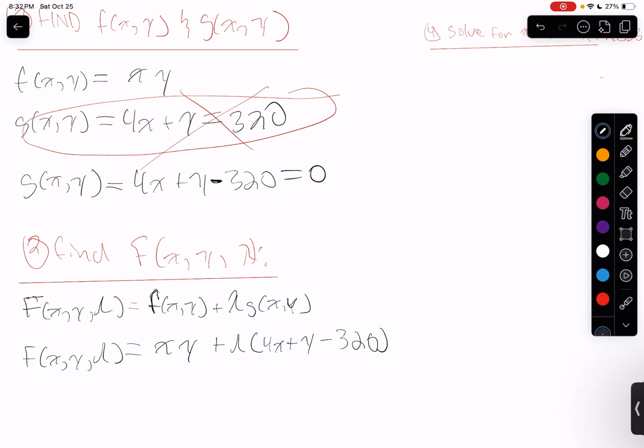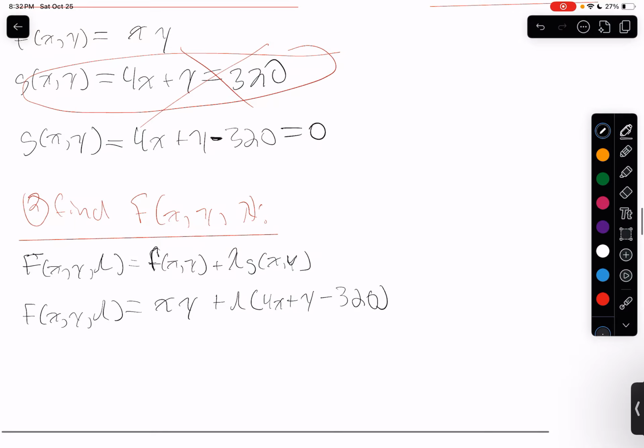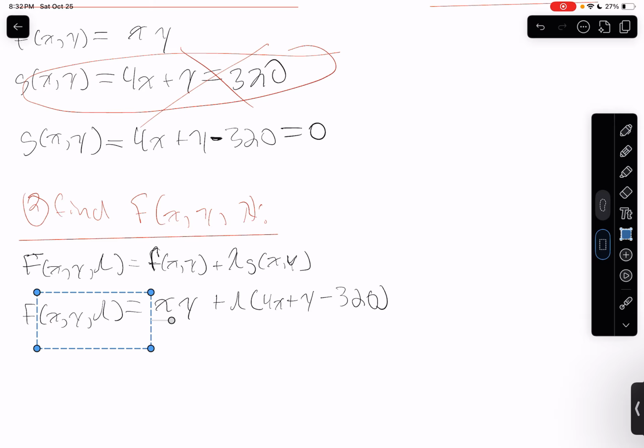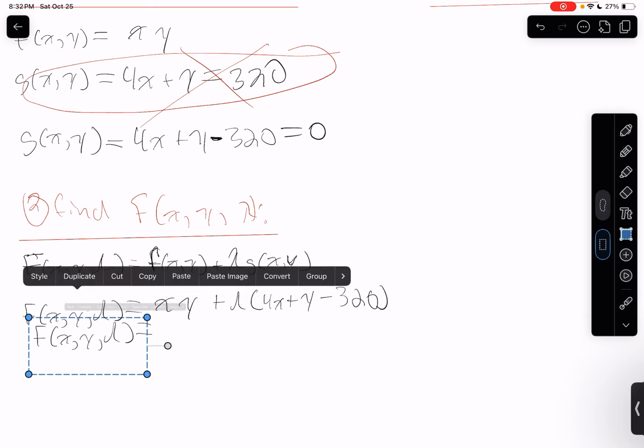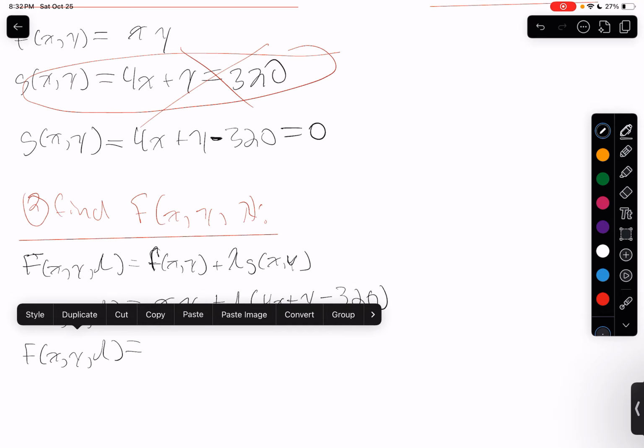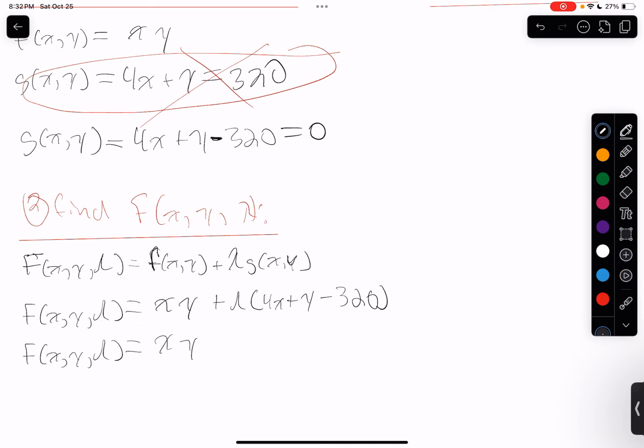Okay. Our next step would be to distribute the lambda to the parentheses. And I'm not writing that again. That's going to be xy plus 4 lambda x plus lambda y minus 320 lambda.